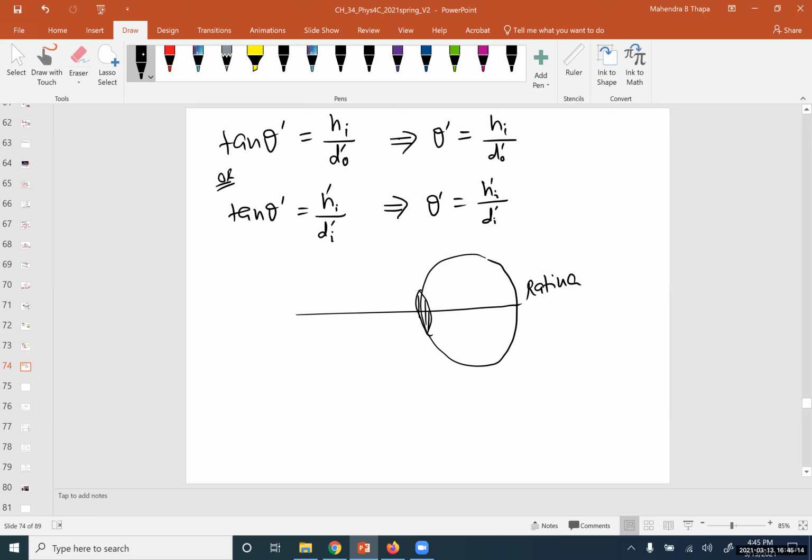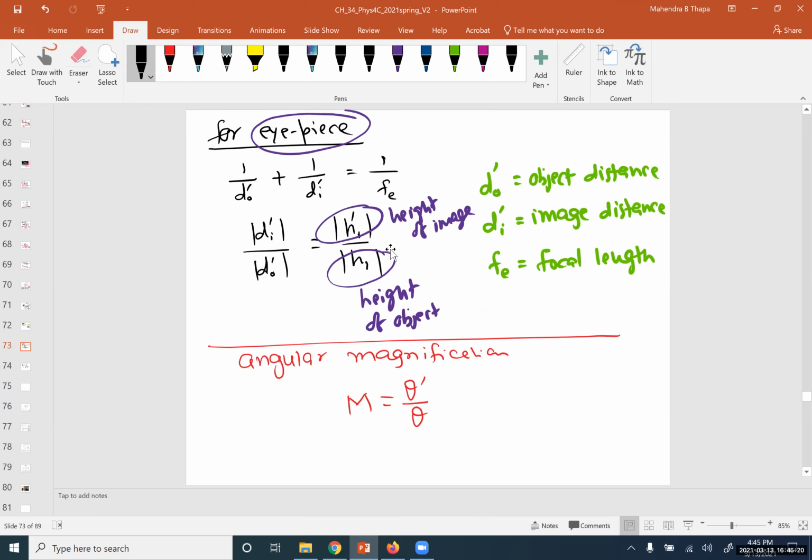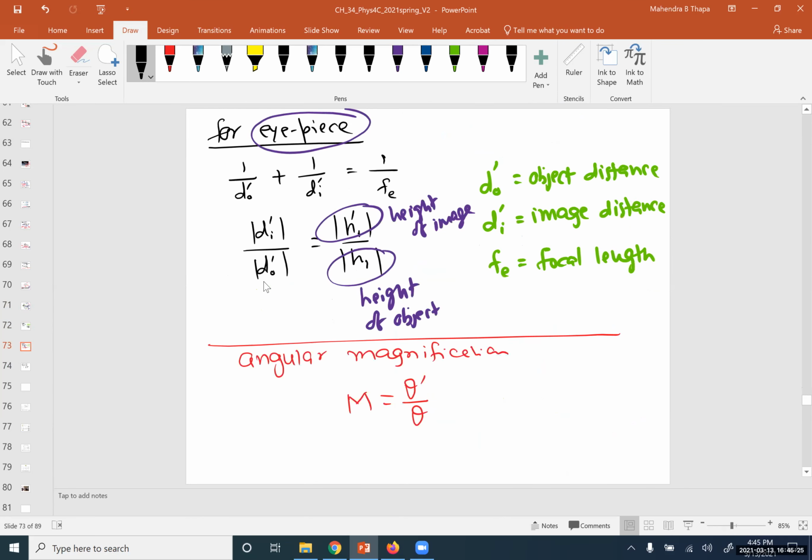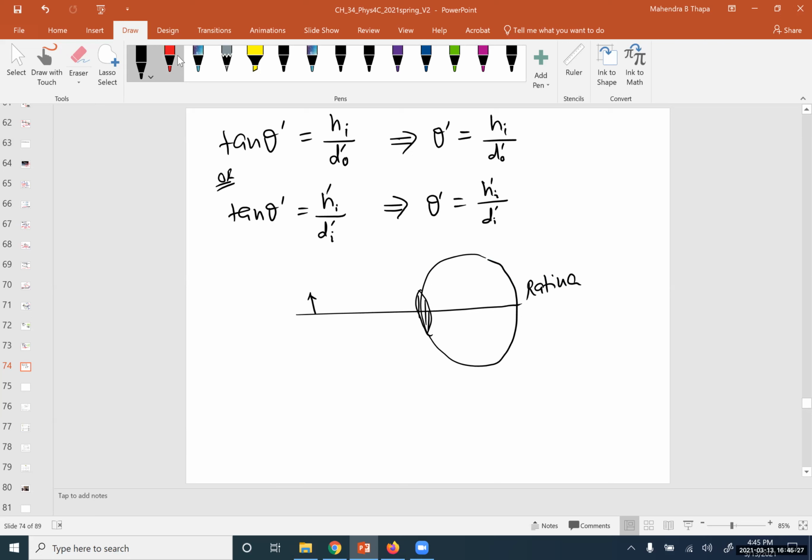If I put the object of the same height as the previous case, height h, and it is kept at d. So d is the symbol I use to represent the near point distance. It is 25 centimeters, and it makes a visual angle theta in this case.